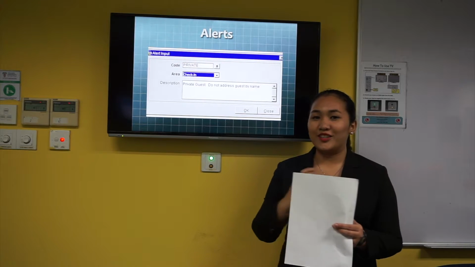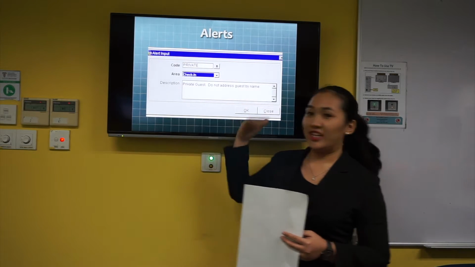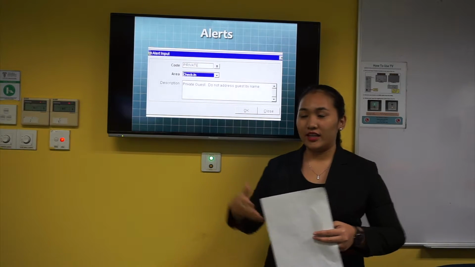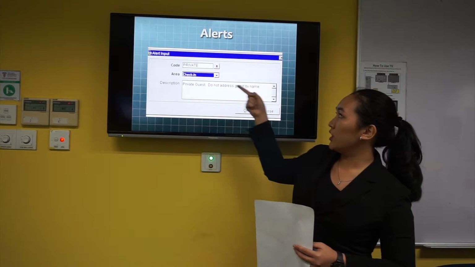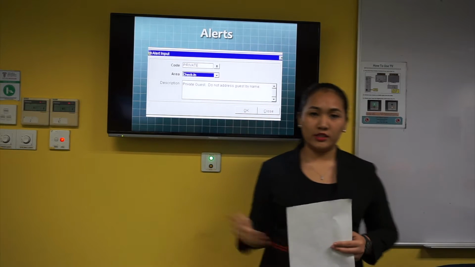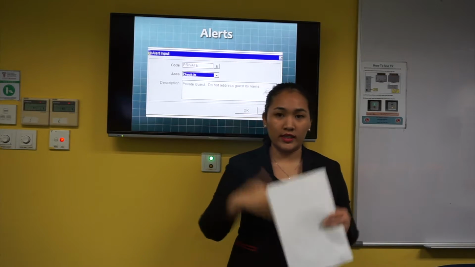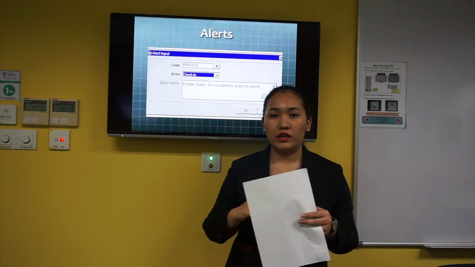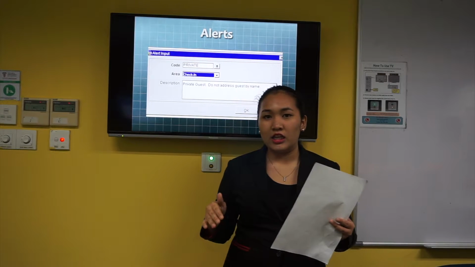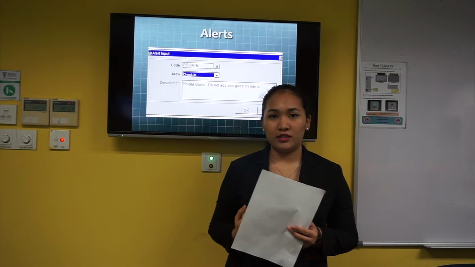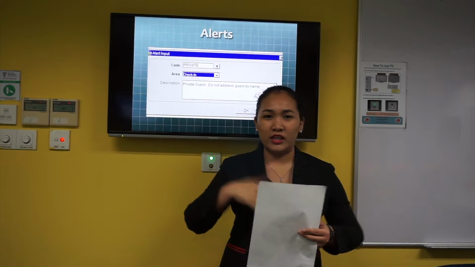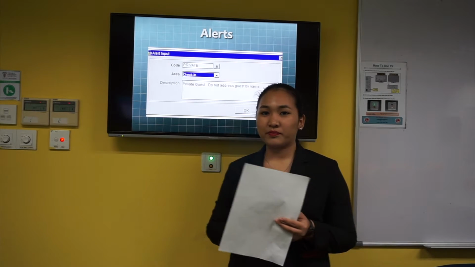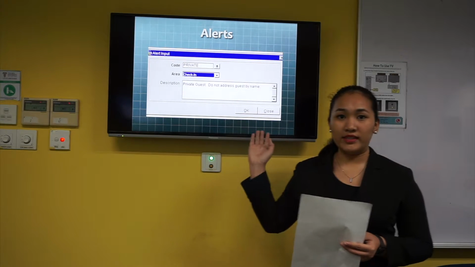Actually it's not. It's in the check-in area. The reason is that I've written the description: private guest, do not address guest by name. So the guests don't want their identity known by everybody while they're staying with us. So you have to be aware of it on the day that the guest arrives. Okay, are you clear with this?